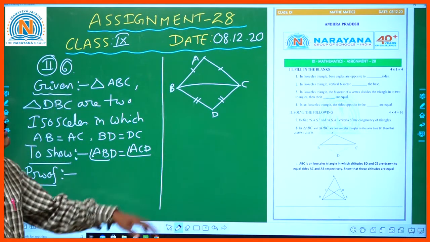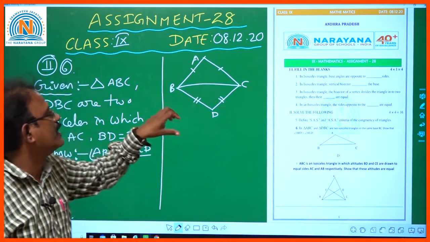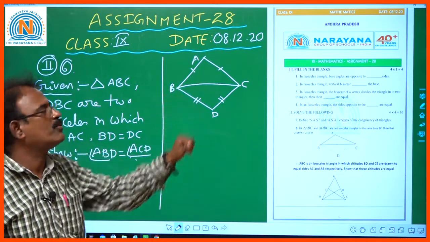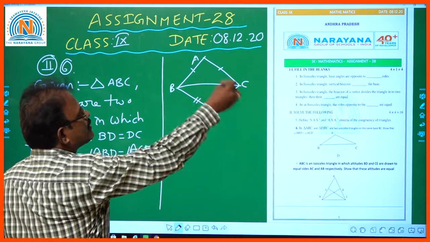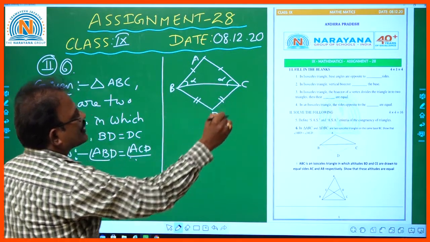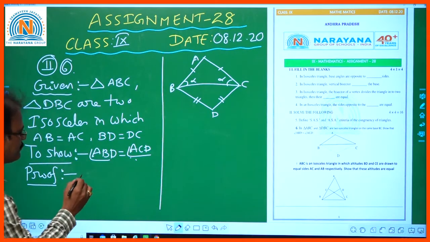From the concept of isosceles triangle, equal sides and equal angles are opposite to each other. So if AB is equal to AC, this angle is equal to this angle.